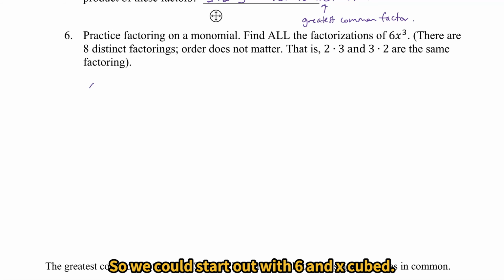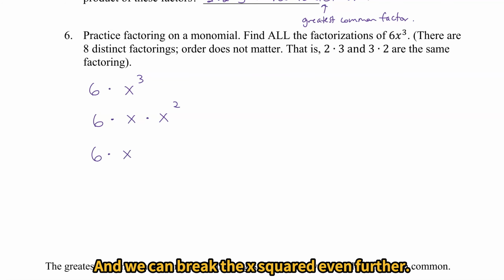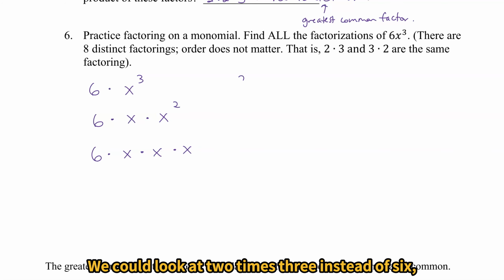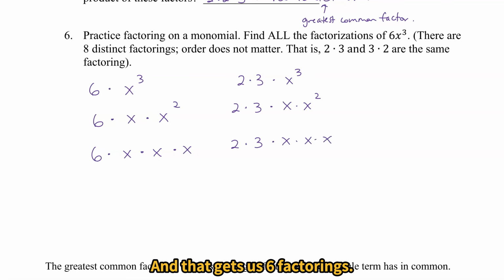So we could start out with 6 and x cubed. We could break the x cubed into x and x squared, and we can break the x squared even further. We could look at 2 times 3 instead of 6, and then we can play the same game with the x's. And that gets us 6 factorings.